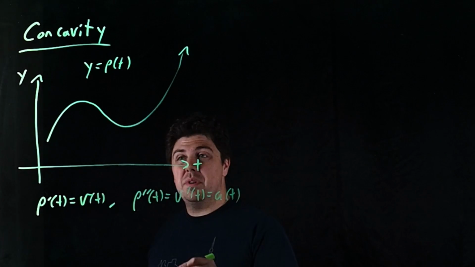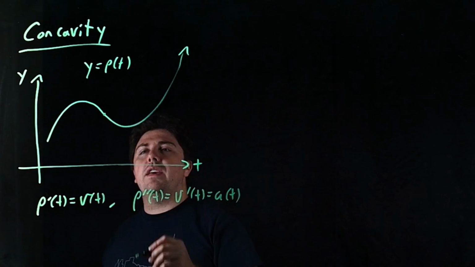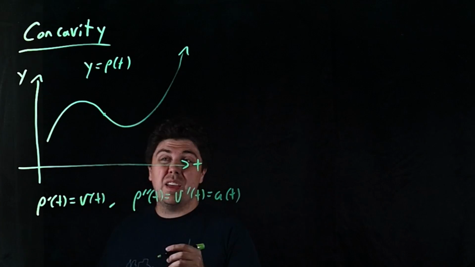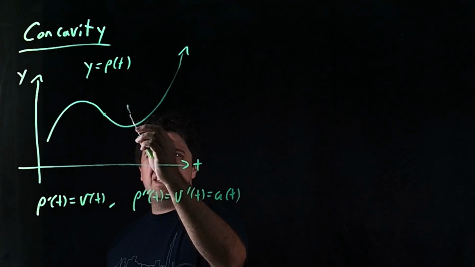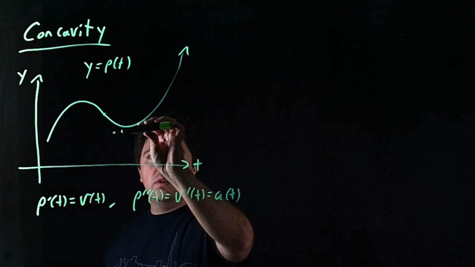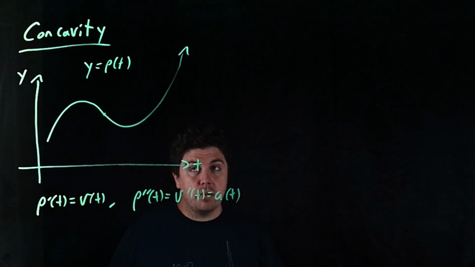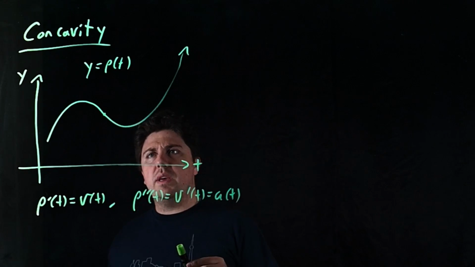So what's happening on this region of the graph here? Well, if you were to graph the velocity, we see that it starts negative, then it goes up to 0, and it goes more and more positive, and the velocity starts to increase. So what ends up being true here?